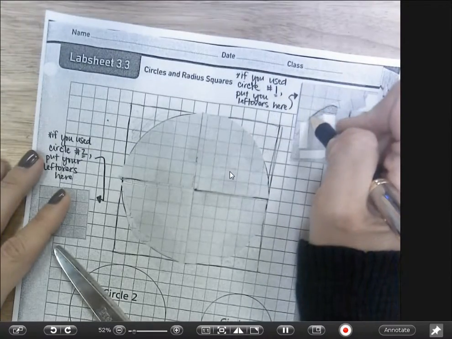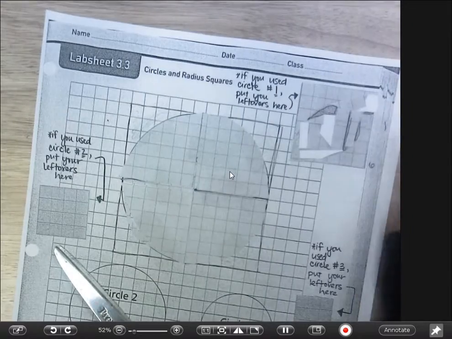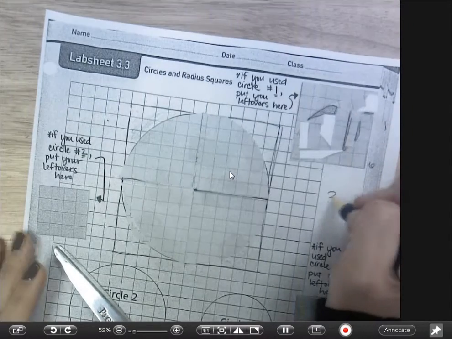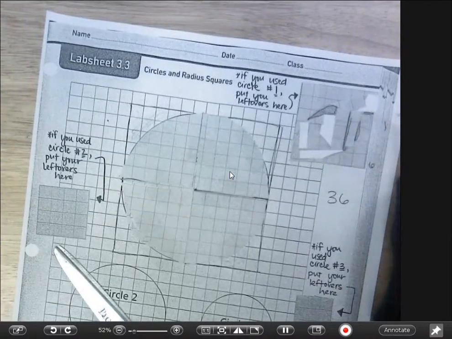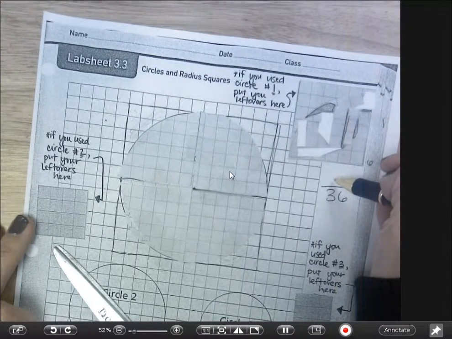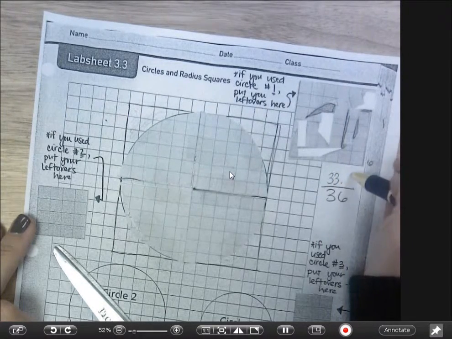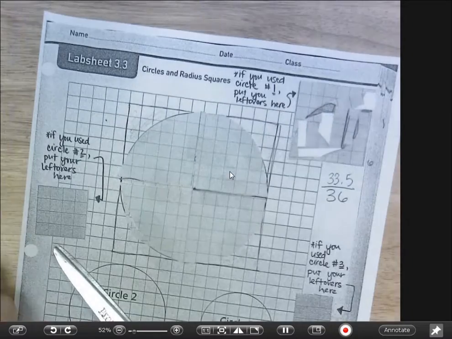And then I might call this like maybe 1.5 pieces that's not filled in. So of my 36, 1 plus 1.5 is 2.5. So of my 36, there are 33.5 pieces that are filled in.